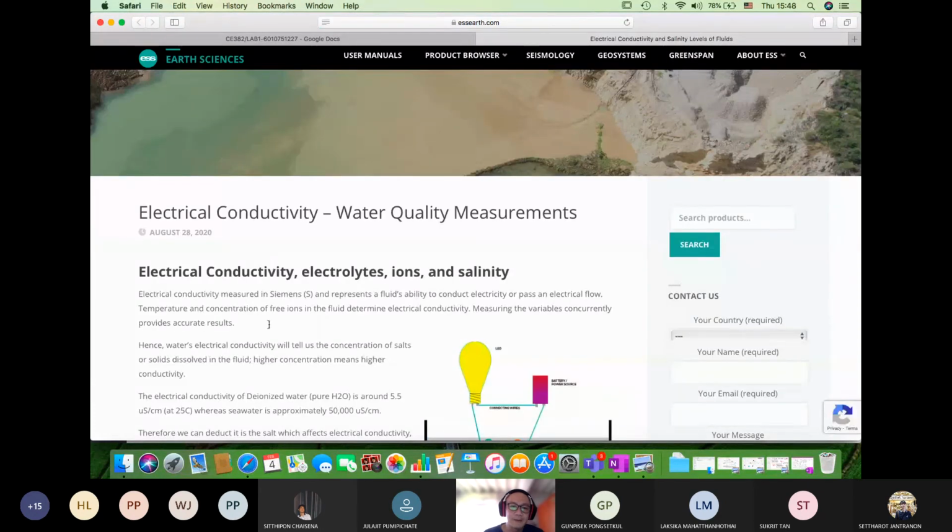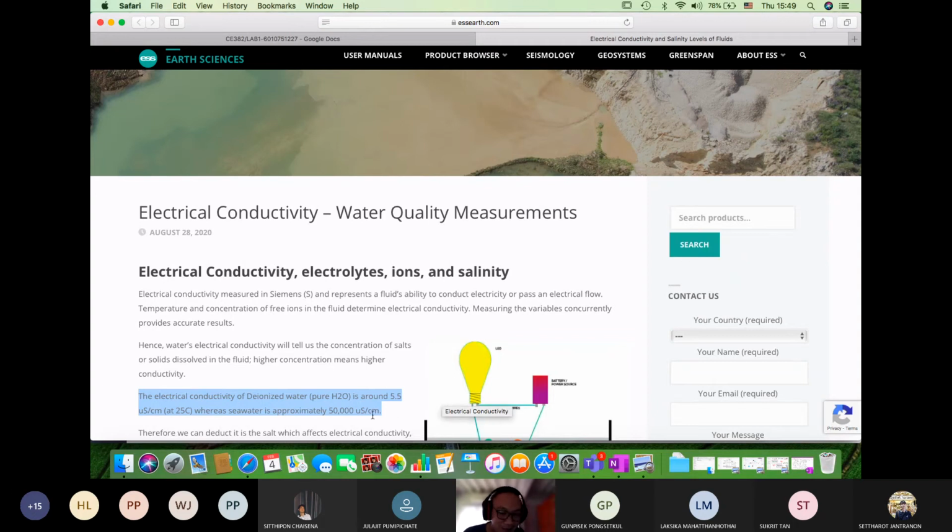If you really go into this website, you will find that deionized water or pure water generally has a conductivity of 5.5 microsiemens per centimeter at 25 degrees Celsius. But seawater goes up to 50,000 microsiemens per centimeter.